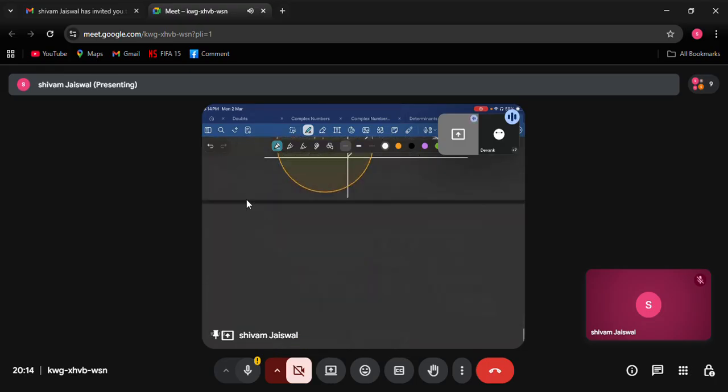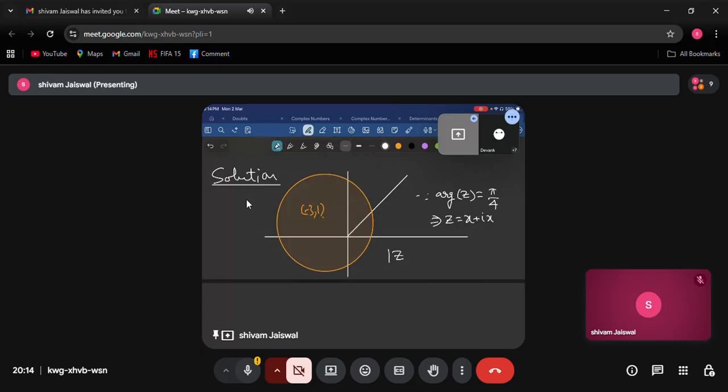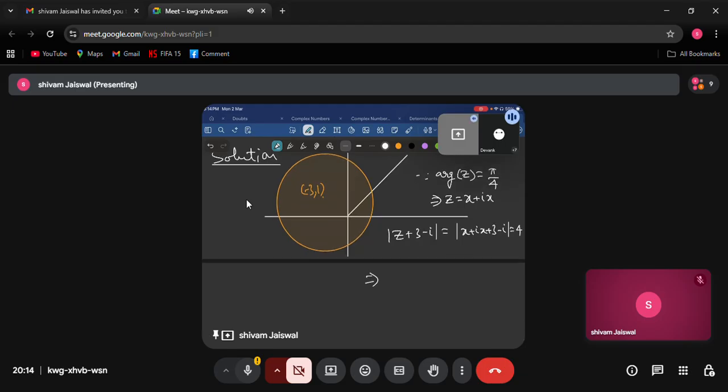So everyone, mod of z plus 3 minus iota is equal to mod of x plus iota x plus 3 minus iota is equal to, this is given as 4. Okay, so squaring both sides and simplifying, we are getting x plus 3 whole square plus x minus 1 whole square is equal to 16.